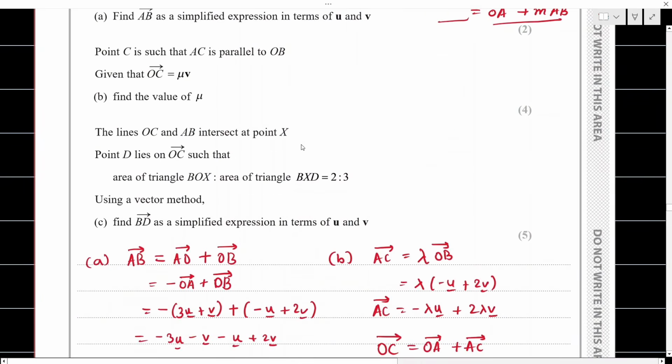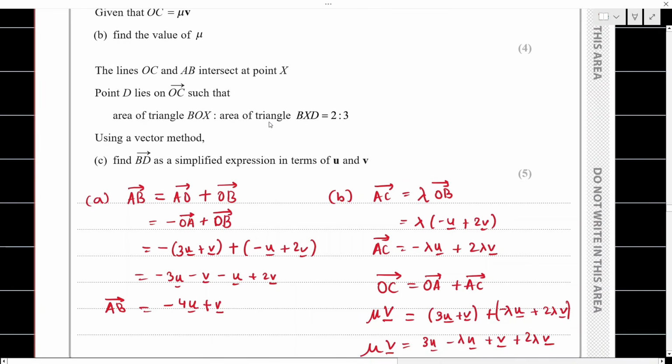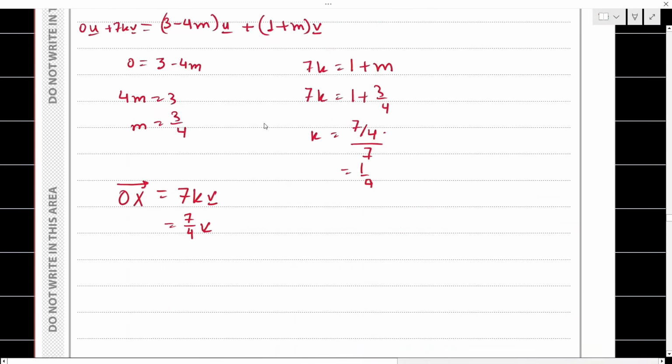To find OD, we can use the other information given in our question, part C. In part C, we have lines OC and AB intersect at point X, and the area of the triangle BOX to the area of the triangle BXD is equal to 2:3.